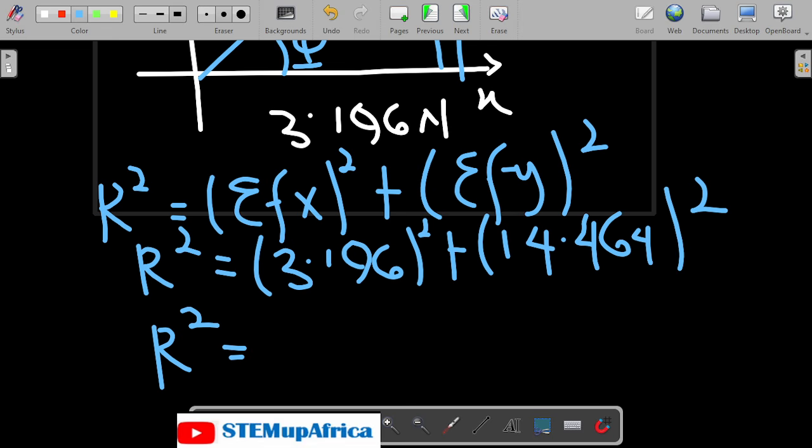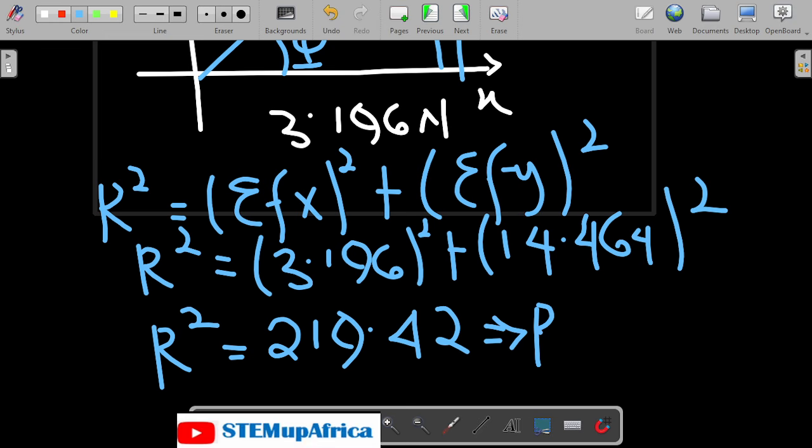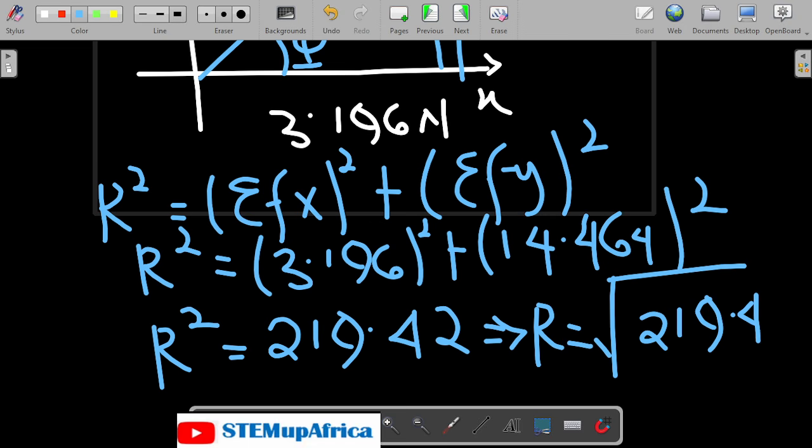You can do that, but do yours gradually, so don't follow what I'm doing. When you get to this stage, always do it gradually. Press the value of 3.196 squared, write it down. The value of the square of 14.464, write it down. Then add up. So my R now will be the square root of 219.42.